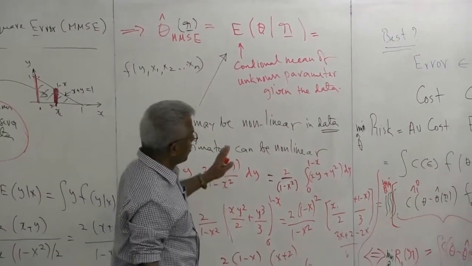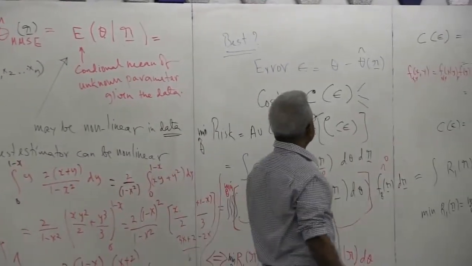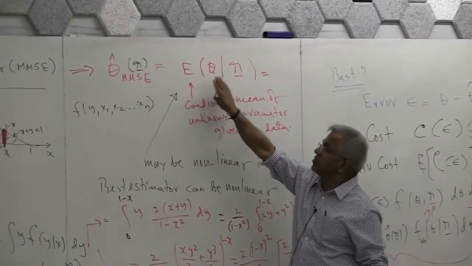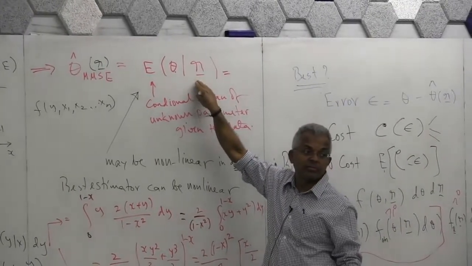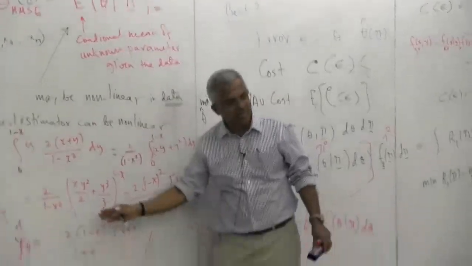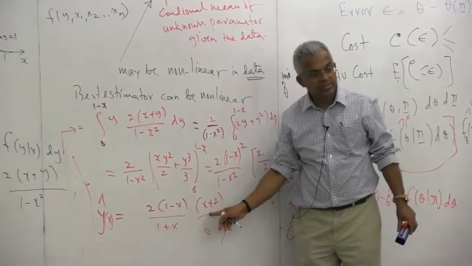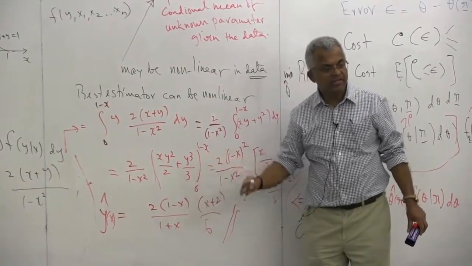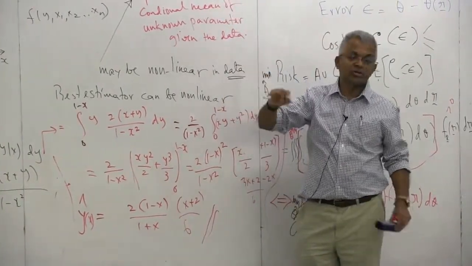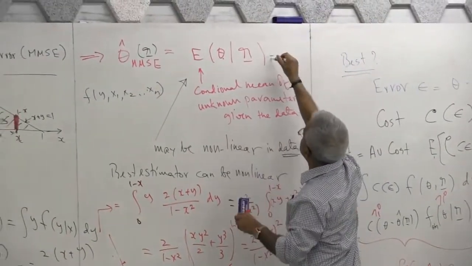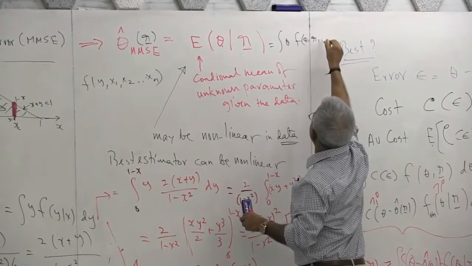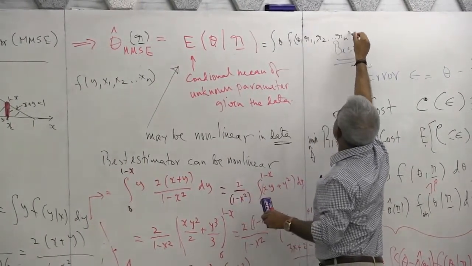But the point is, that's what it says here. The thing to remember is that ultimately, the estimator is going to be a function of data. Conditional mean happens to be a function of data. Data is x. If data is x1 and x2, it will turn out to be a different function. Which function? It depends on the joint density function. Remember, this means the integral of theta multiplied by the density of theta comma r1, r2, etc., rn, d theta.